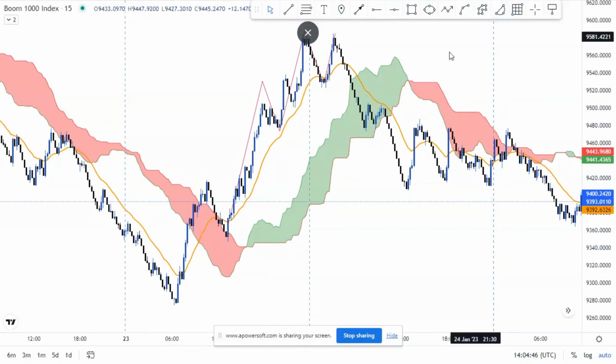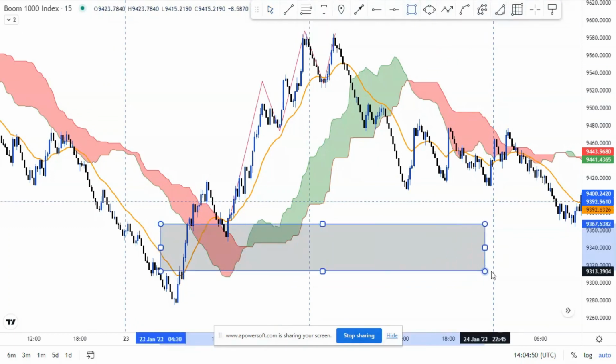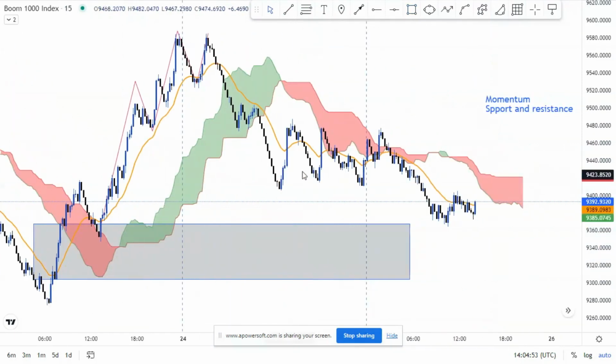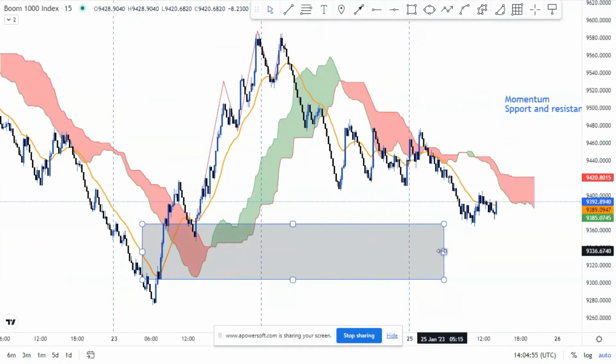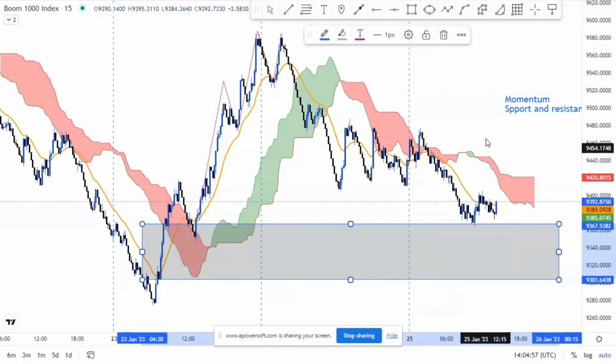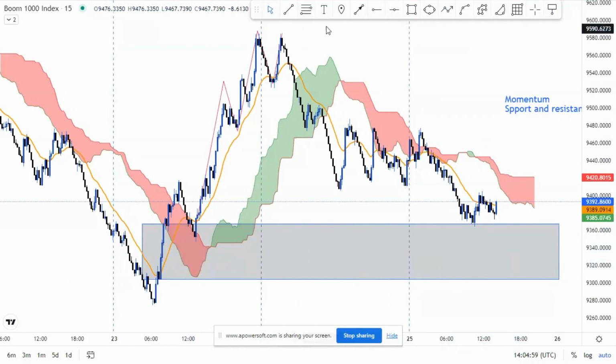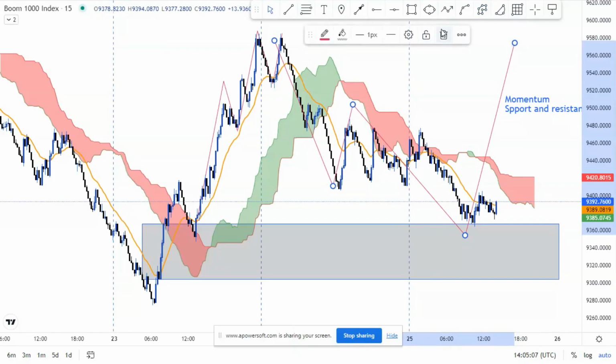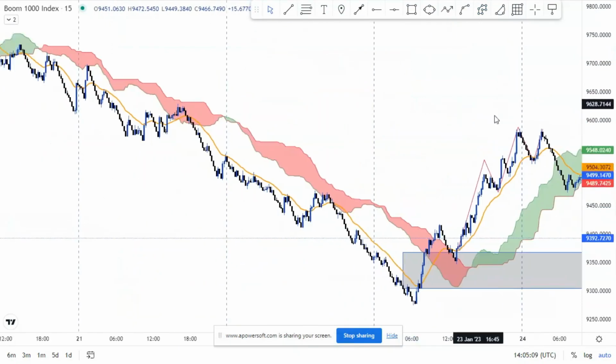Let's say we shifted in this area over there. We take keen note of it, because there is a likelihood that when we drop to these areas, the market may also shift back. So we have to watch out for that.